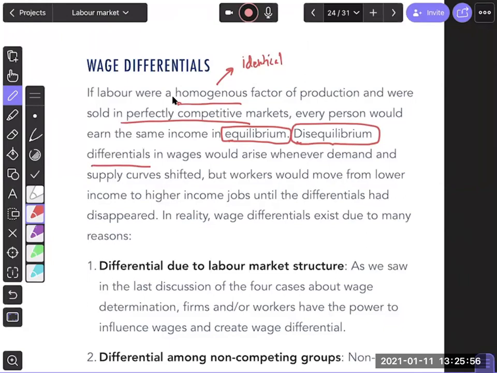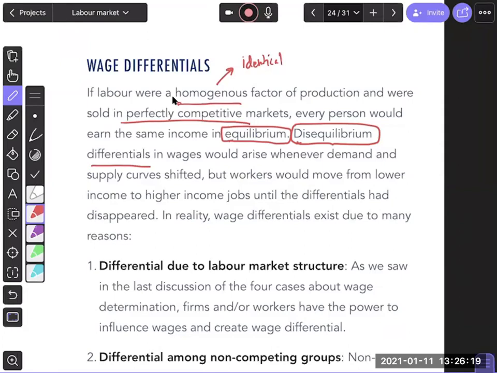Otherwise there will always be no differential, because whenever there is a higher demand in one occupation, people will move from another occupation to this occupation.